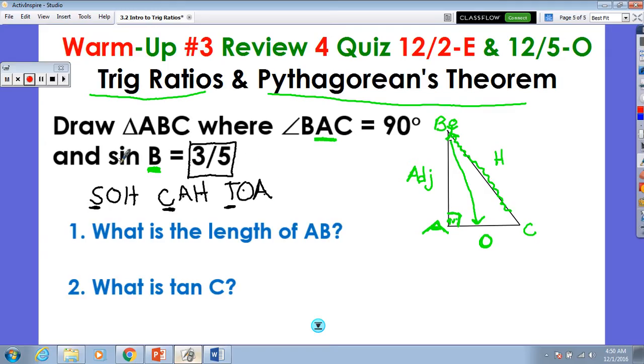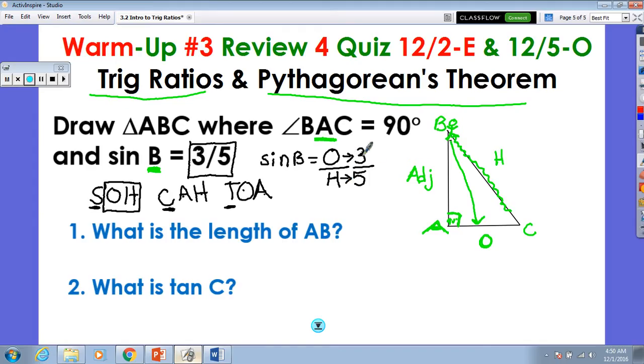So if we're just looking at sine, then I'm only going to use these 2 sides, opposite and hypotenuse. The top number will represent the opposite side, because when we do this, we actually write it like this: sine of B equals opposite over hypotenuse. So since the 3 is on top, the 3 represents the opposite side, and the 5 represents the hypotenuse.